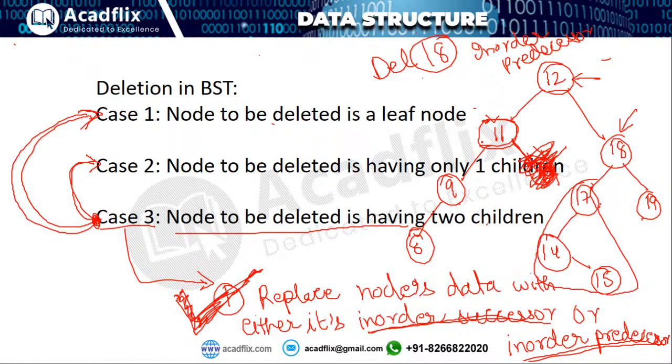So there is no right node in its left subtree, right? So the rightmost node of its left child. There is no rightmost node of its left child, right? So 17 is the only rightmost node of its left child. So 17 is the in order predecessor of 18. So what will I do? I'll just replace the data.